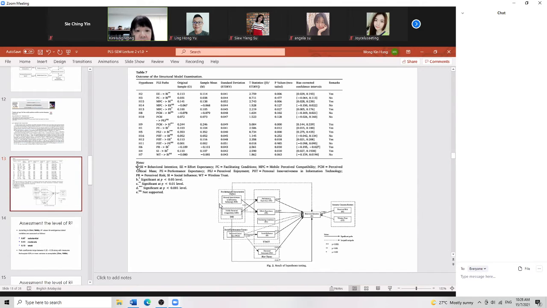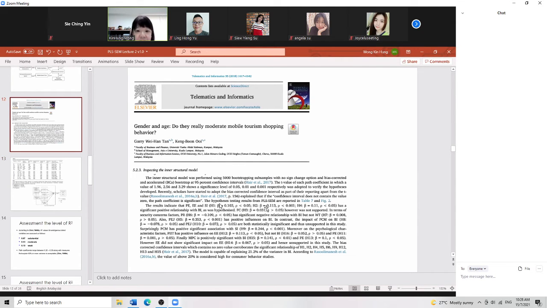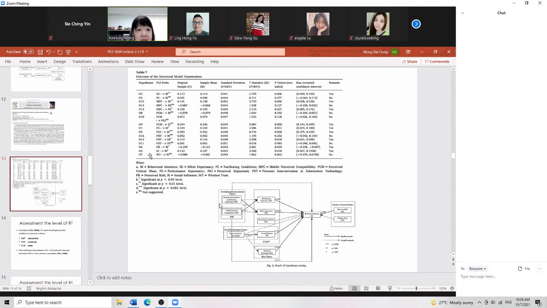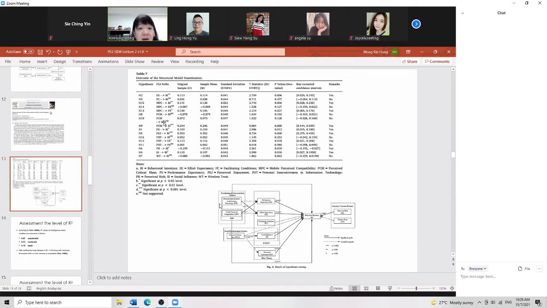All right. So BI is behavioral intention, EE is effort expectancy. So here, the results indicated PE, EE, and SI, okay? Hypothesis 1, okay? So you look at this hypothesis 1. Where is the hypothesis 1? Oh, here, okay? PE to BI. Here, 0.13.